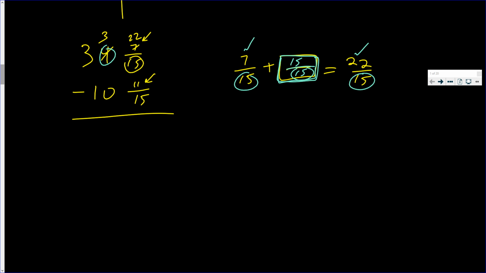I borrowed 1, and then I added 1. 22 over 15 minus 11 over 15. Well, it's over 15. 22 minus 11 is 11. 34 minus 10, that's 24, minus 1 for the borrow, 23 and 11/15. And we are done because this fraction is proper. The numerator is less than the denominator.